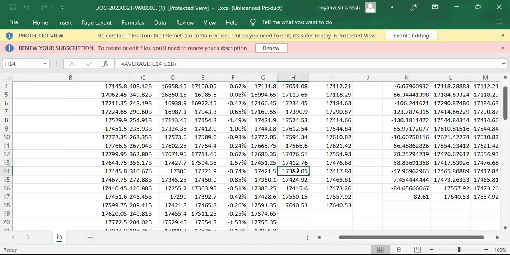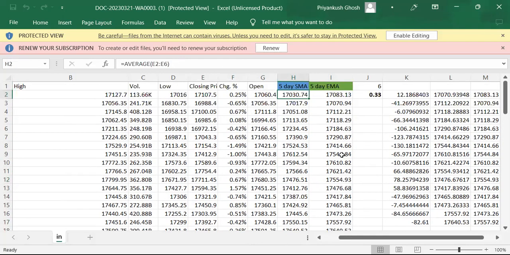But here, what is the difference in 387, not even 100 points? But here, see, what is the difference? 554 minus 400, 137 points is the difference of the exponential moving average. Okay, see again next day. So like this, it always gives more weightage to the recent price action. So again, we can come here and see.